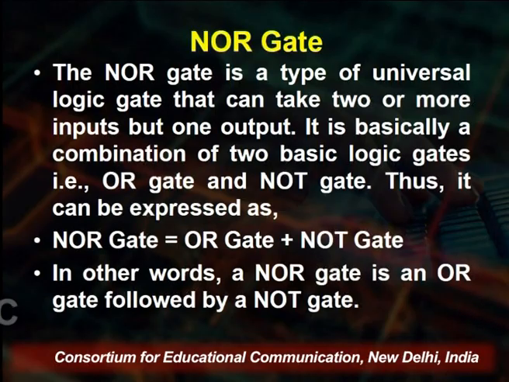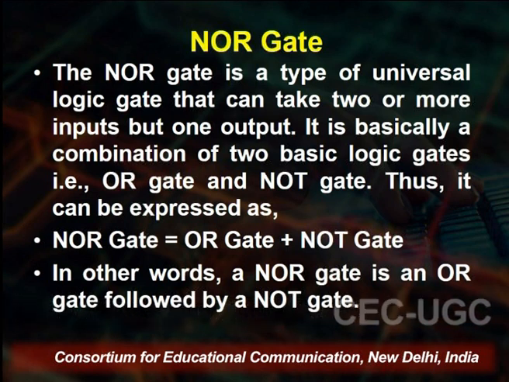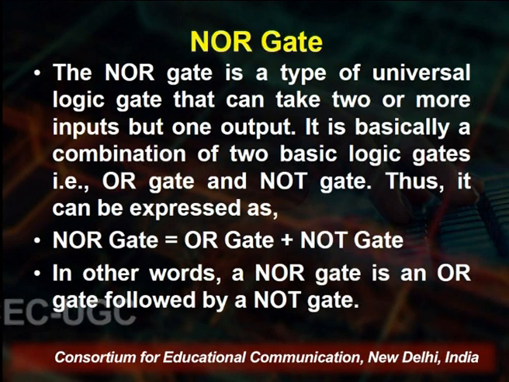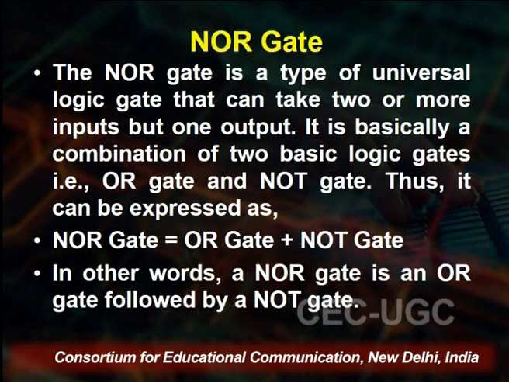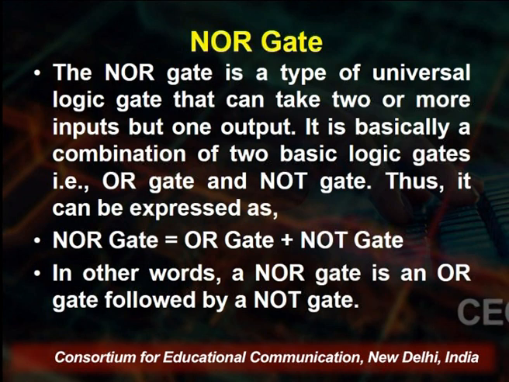Now, next is the NOR gate. What is the NOR gate? As the name suggests, NOR is NOT plus OR. The NOR gate is a type of universal logic gate that can take two or more inputs but gives one output. It is basically a combination of the two basic logic gates, OR and NOT.